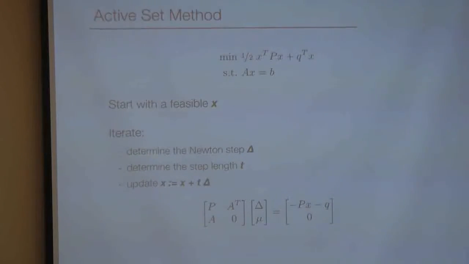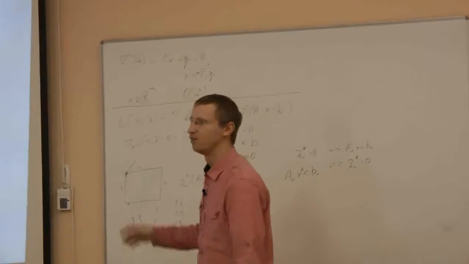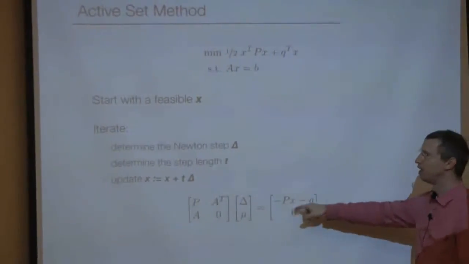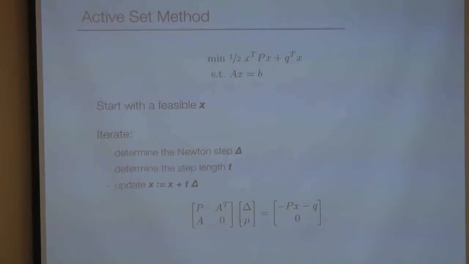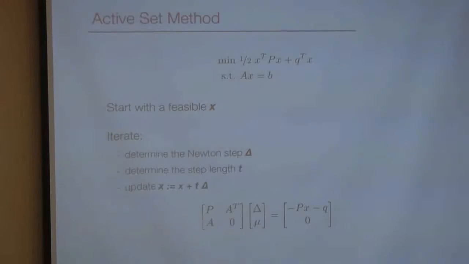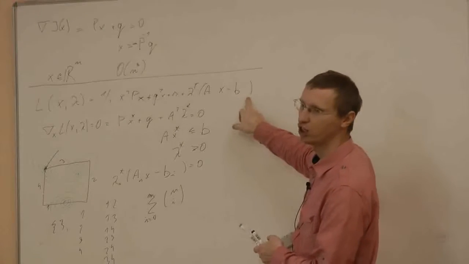So this is how we would solve this optimization problem with equality constraints using the Newton method. Here I would like to compare with the whiteboard, what we have achieved. I've already wiped it, but it was there previously. We have seen that there was a similar system when we were directly solving the quadratic optimization problem with constraints. We essentially had to put the gradient of the Lagrangian equal to 0.